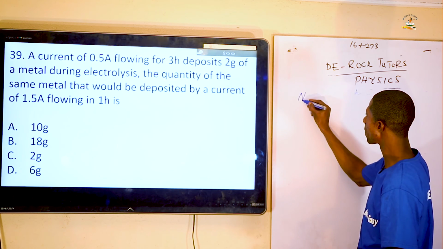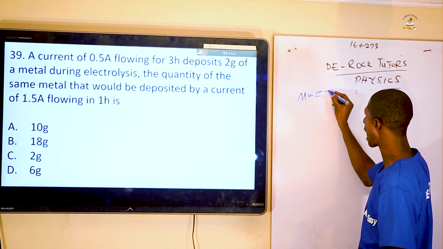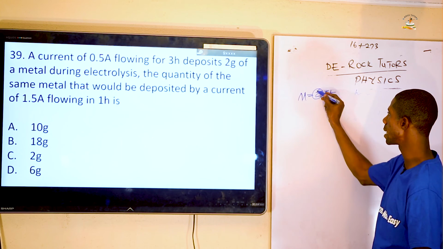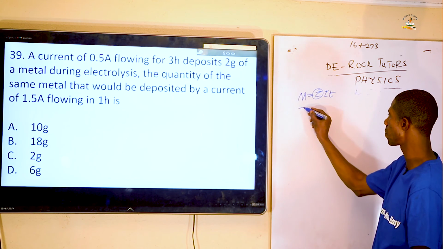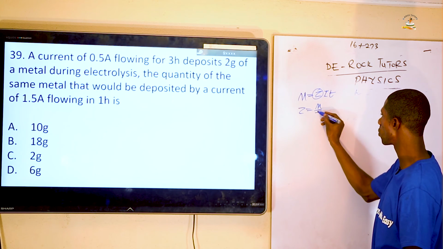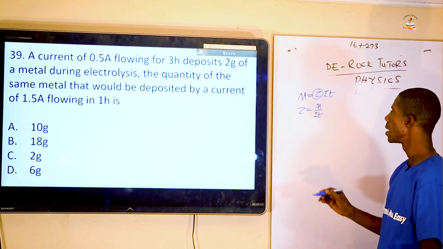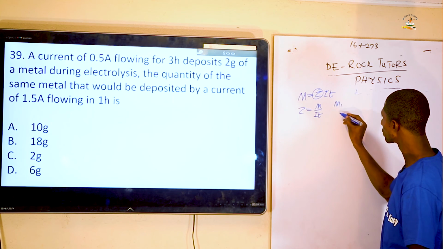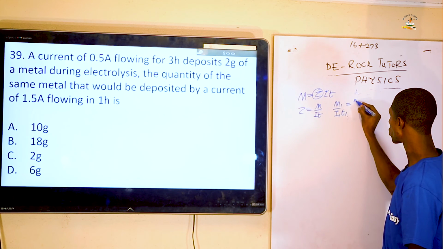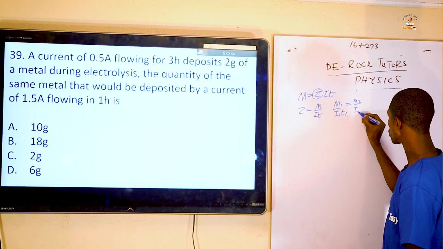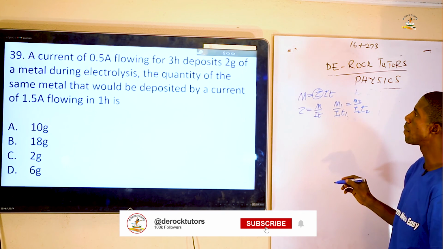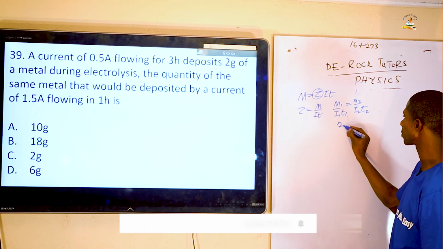So we have M equals Z I T. But in the question, we don't need the electrochemical equivalent, so we can make Z the subject of the formula, where Z equals M over IT. So as we have M1 over I1 T1 equals M2 over I2 T2.